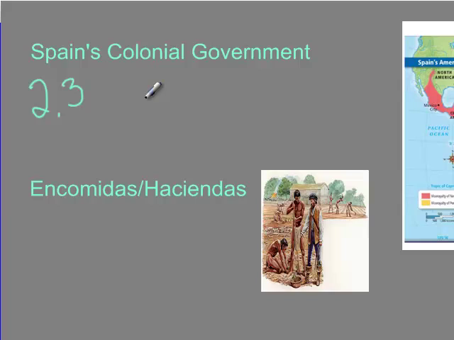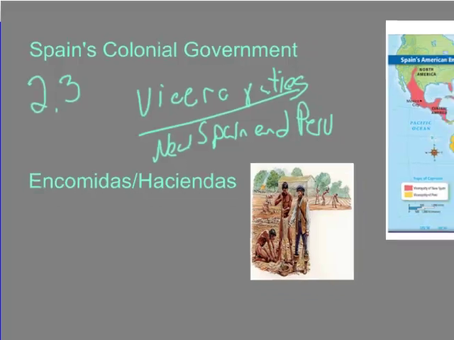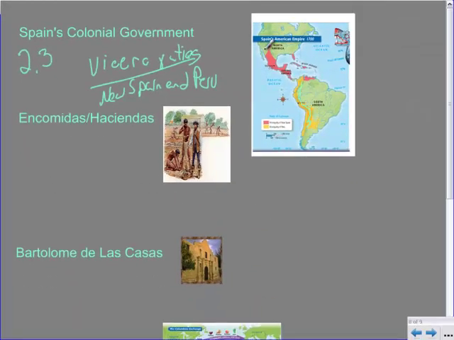One of the ways is that they divide it into two provinces or two viceroyalties. So you need to know that they divide into two viceroyalties, New Spain and Peru. New Spain is up here in the red, and Peru is down here in the yellow.